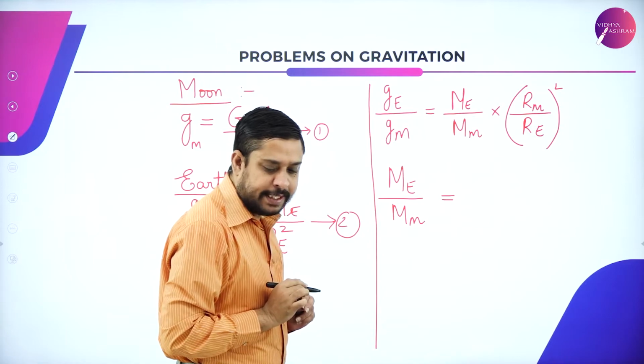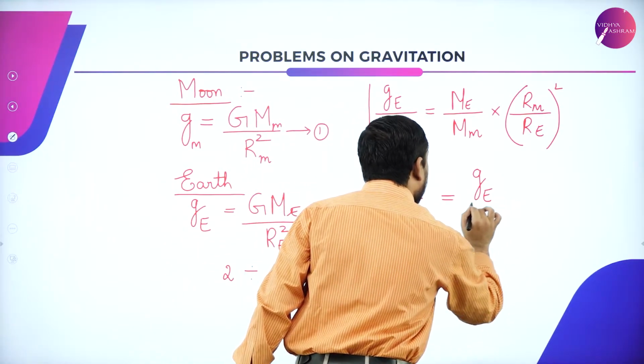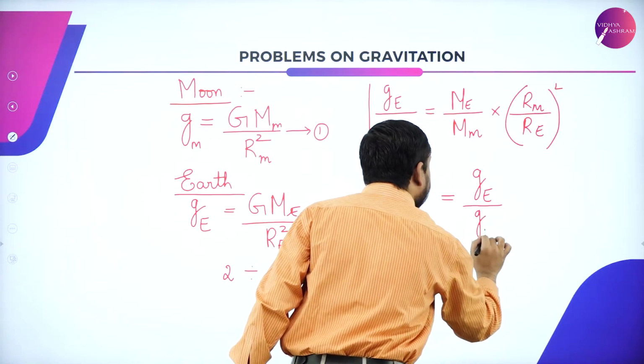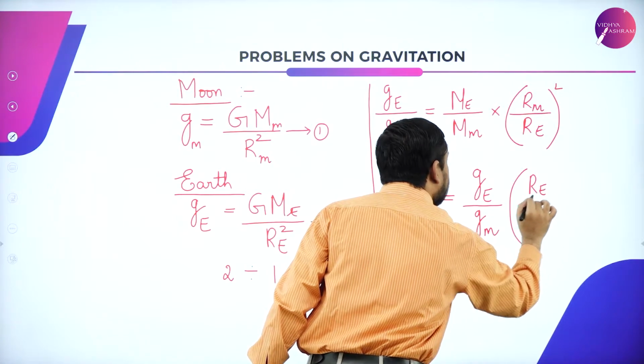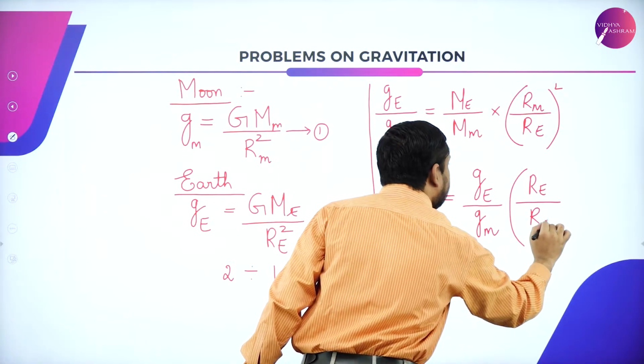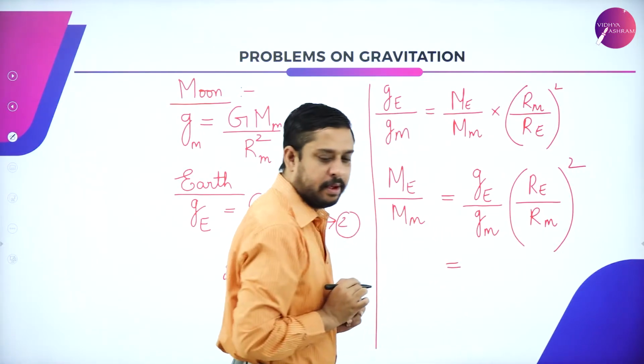So this becomes equal to what? Gravity of earth by gravity on moon, into radius of earth by radius of moon whole square.